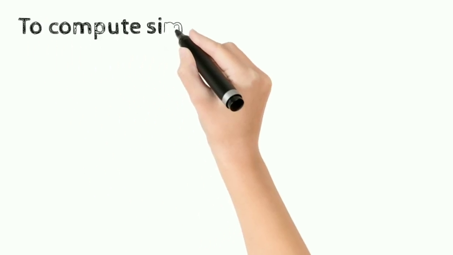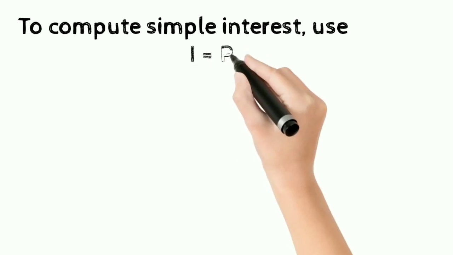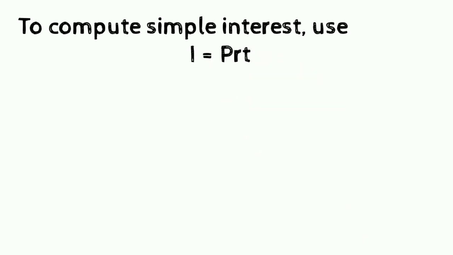What if the problem asks you to find the simple interest, the principal, the rate of interest, and the time in years? For the simple interest, use the following formula. I is equal to PRT. I stands for simple interest, P stands for principal, R stands for rate of interest, and T stands for time in years.